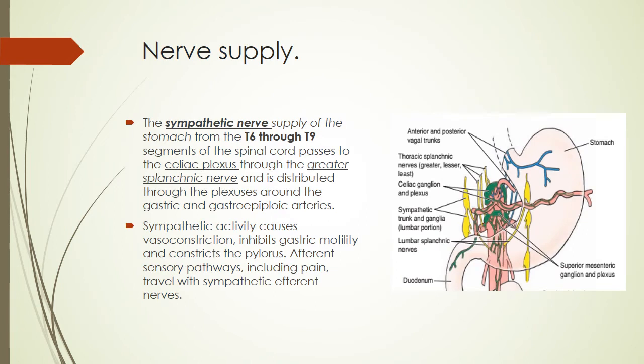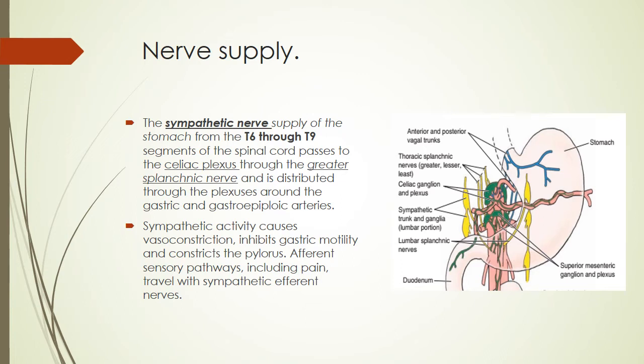Nerve supply of all of the abdominal viscera is through the autonomic nervous system, that is sympathetic and parasympathetic nerves. The sympathetic nerve supply of the stomach comes from T6 to T9 segments of the spinal cord.